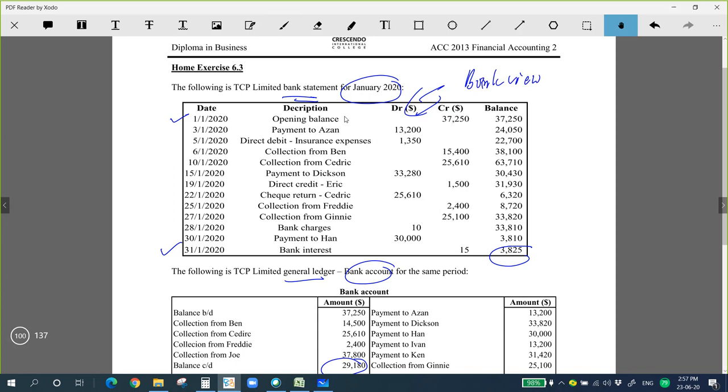But from the bank point of view, the amount that you bank into them increases. It means that the amount they owe to you increases. So they have to credit. A different position. Alright, we can discuss more if you still cannot understand this. So the reason of difference is due to bank view. That's why the debit and credit are opposite.